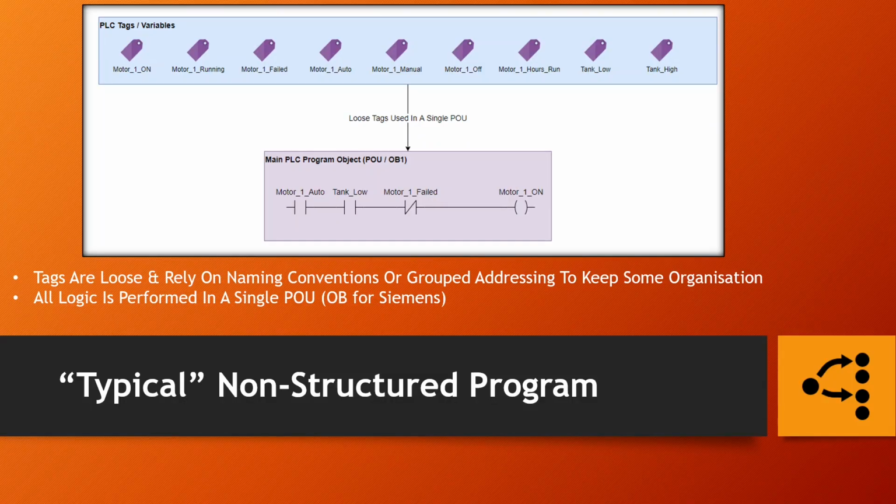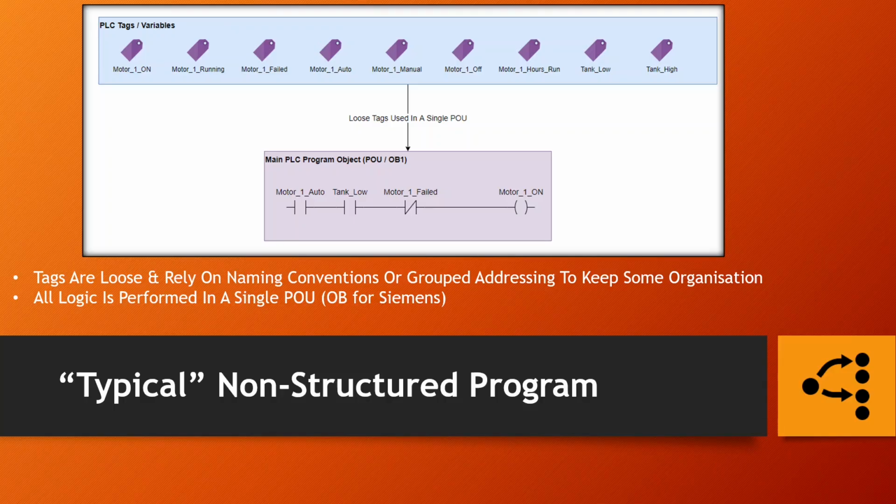So let's have a look at a typical non-structured program. And by typical, I mean a sort of beginner's level introduction to a PLC, and everything is loose. There's no rigid structures in how things are laid out.